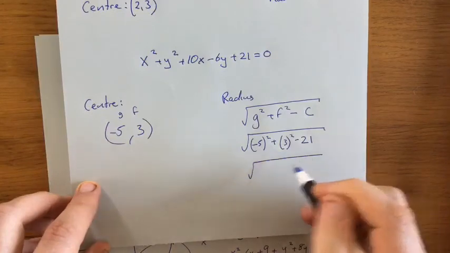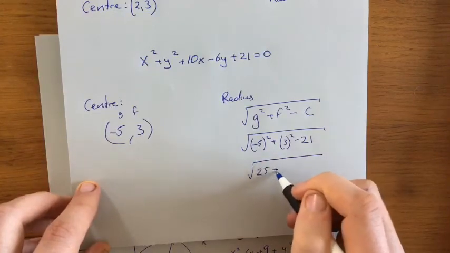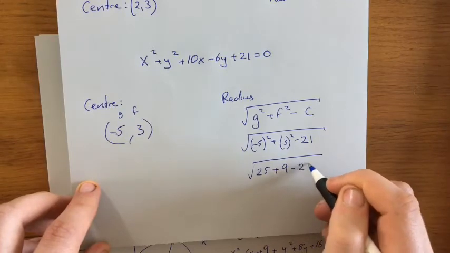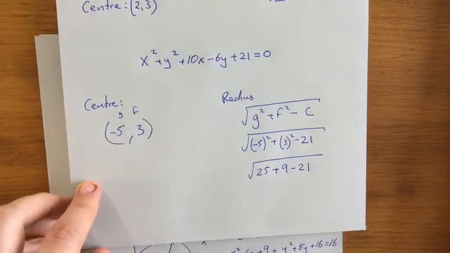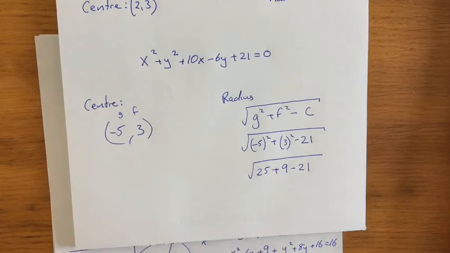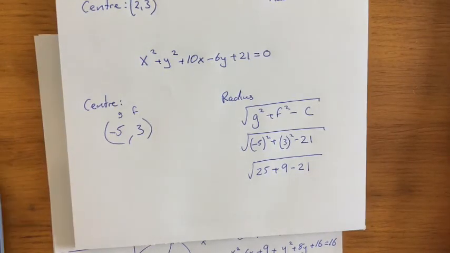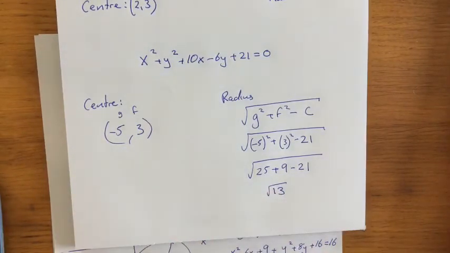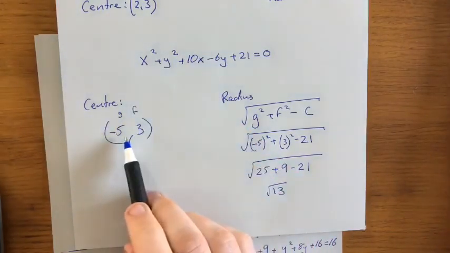Calculating this out, we're going to get 25 plus 9 take away 21, so that is going to give us the square root of 13. So that is the radius of this circle here, and it has a center of minus 5, 3.